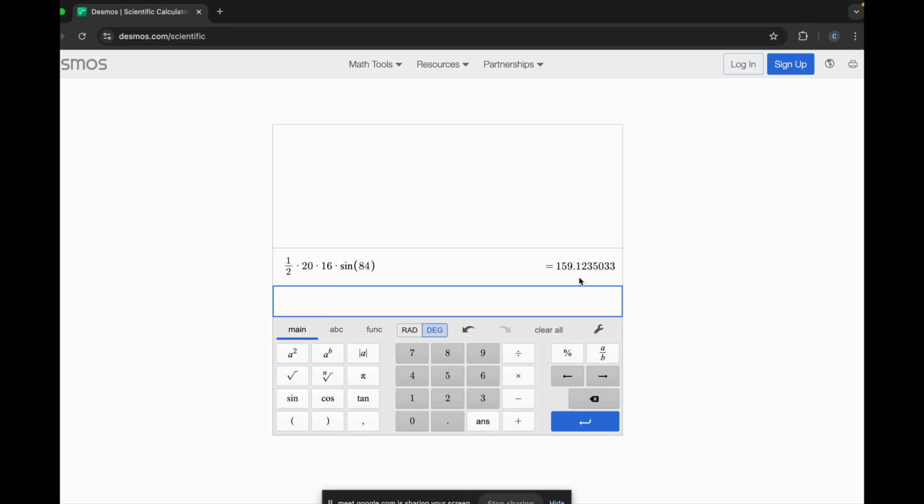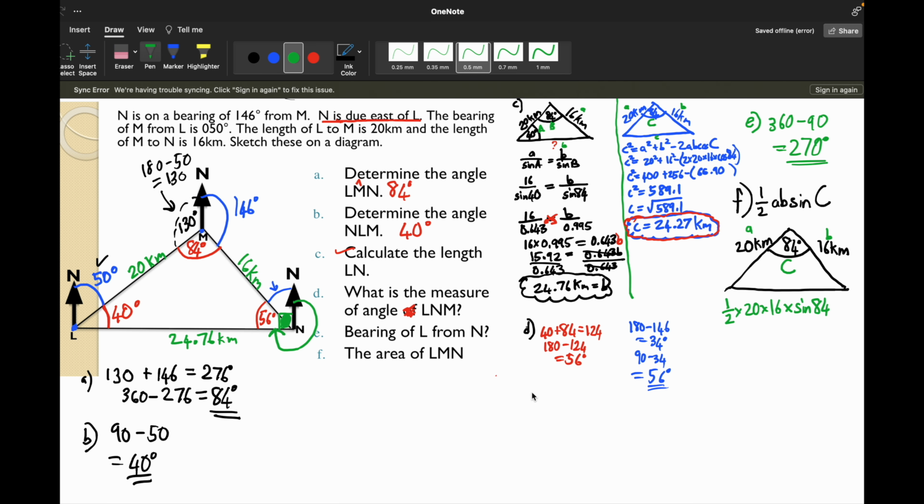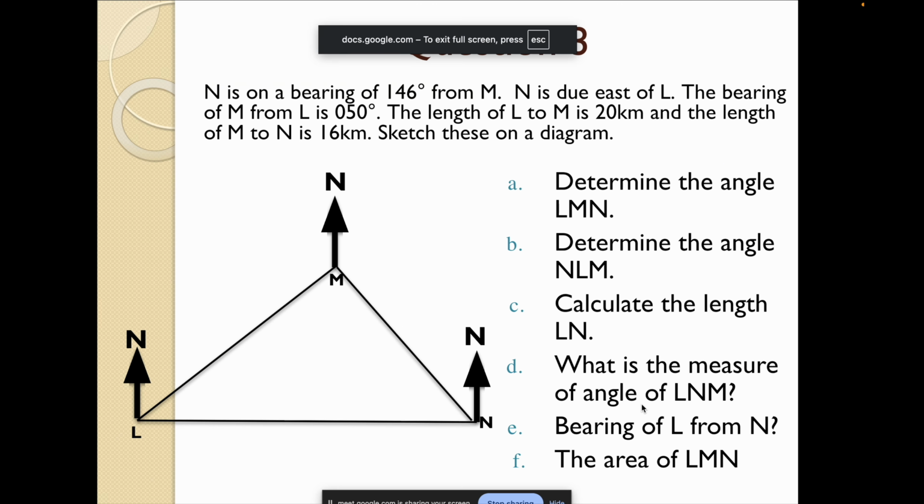Okay, so 159.12. So the area is 159.12 kilometers squared. That there would be the area of this triangle. All right, make sense? Y'all follow that? All right, good. So that is question 3.